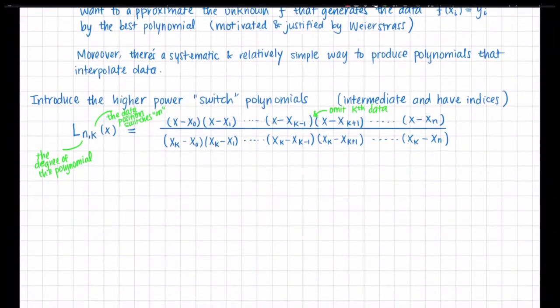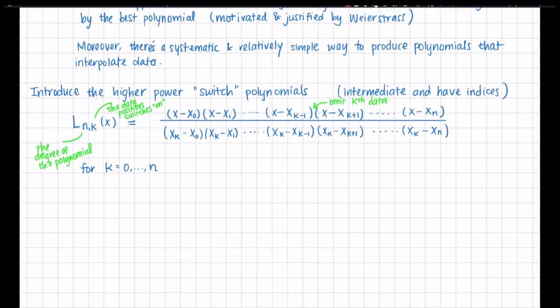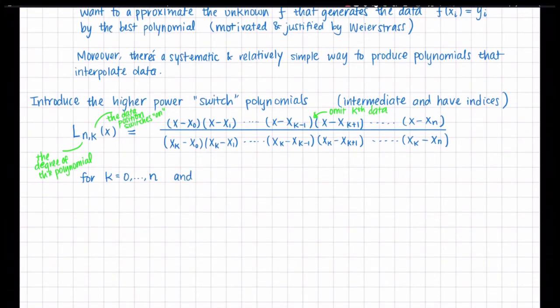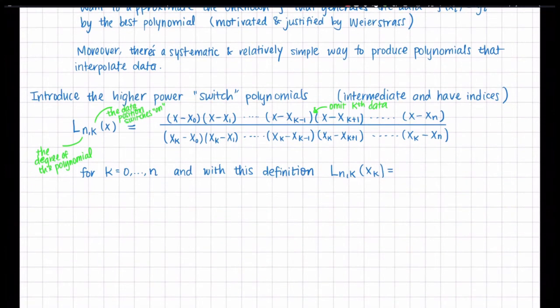So this is happening for k going from 0 all the way to n, and with this definition, L n k of the kth data value is going to equal 1, and L n k of any other data value xj is going to equal 0 for any j that's not the same as k.